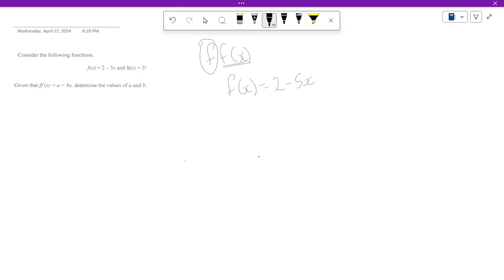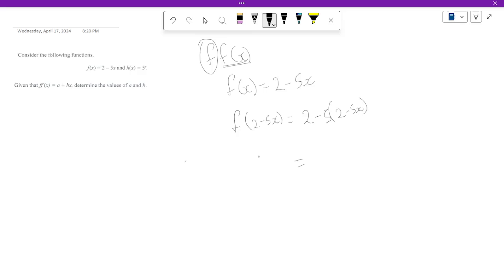Therefore, since we just acknowledged this part, we're now looking for the next part, which is for solving. So f of 2 minus 5x is equal to 2 minus, now where we see 5x, we're going to put 2 minus 5x, so that's going to be in a bracket, 5. Then we have 2 minus 5x.